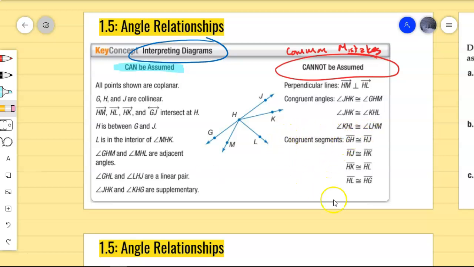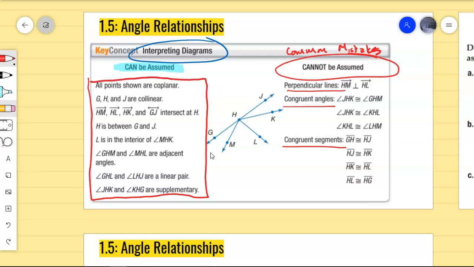Most students don't make a mistake with this set, but I'm putting it in the common mistakes section anyway. Unless there are markings, you cannot assume any of these three things. However, without any markings at all, it's perfectly fine for you to assume everything that's in that box right there.